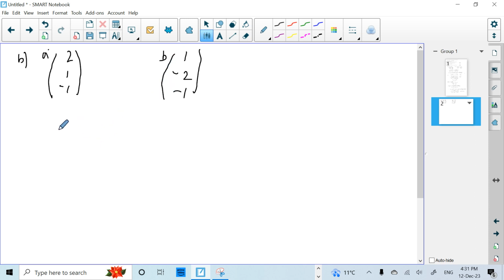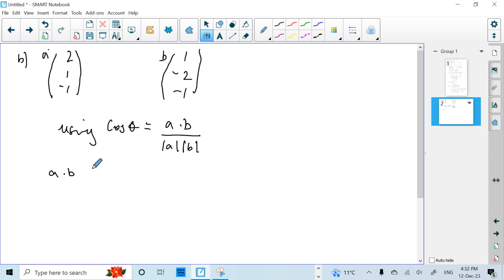And we're going to use now, using the formula that you were given at perhaps the start of chapter 9, cos theta is equal to A dot B, so you do your dot product, over the modulus of A times the modulus of B.